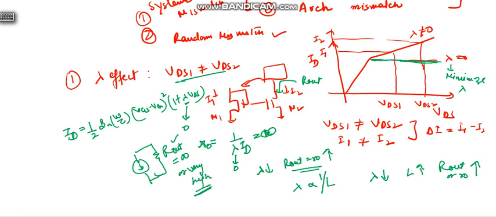So the slope of the VDS curve reduces as we increase length, and the current mismatch between M1 and M2 reduces.